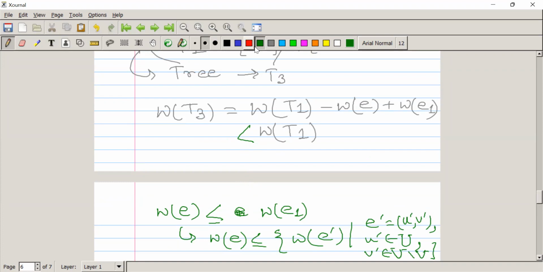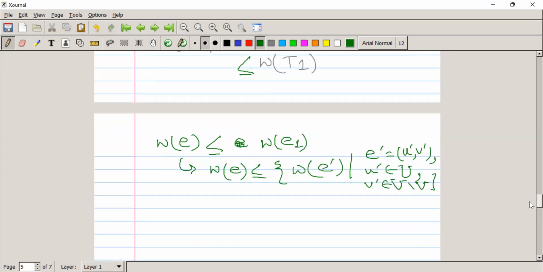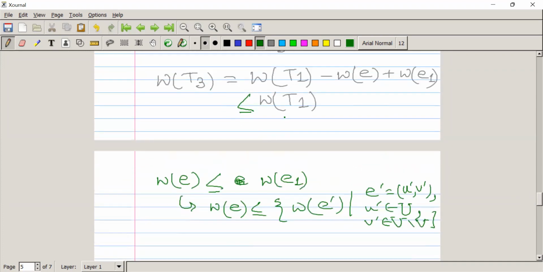Yes, ma'am. But this cannot be the case, as T1 was the minimum spanning tree. No spanning tree has weight less than T1.